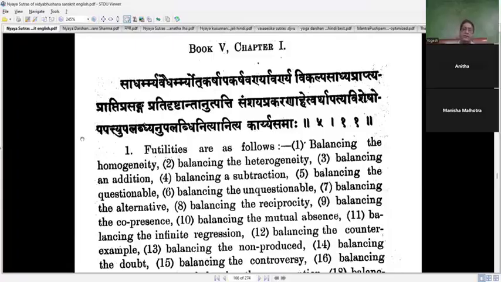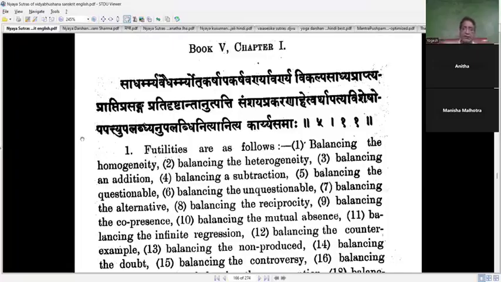Addition basically means some object is being enumerated with another, let's say a few properties. In utkarsha, you will add some properties and assume that they will also be in the other object. Then balancing a subtraction: comparing two objects having similar properties, but one of the objects has less, so you attribute that lesser property to the other object also.